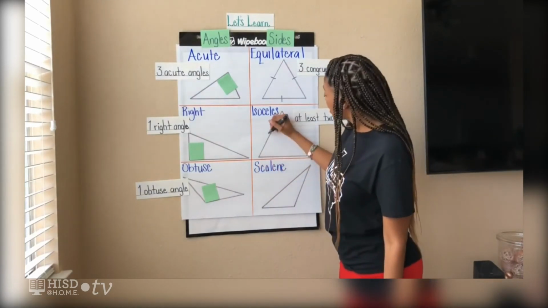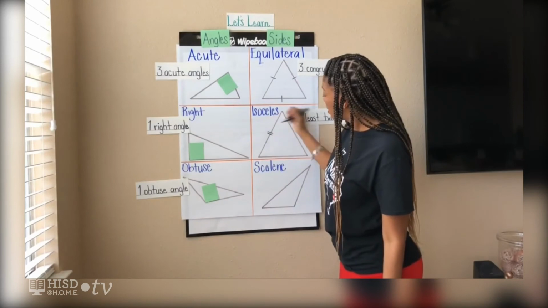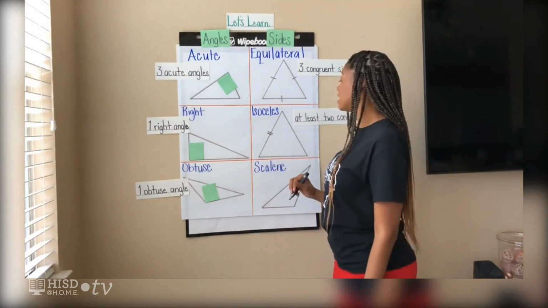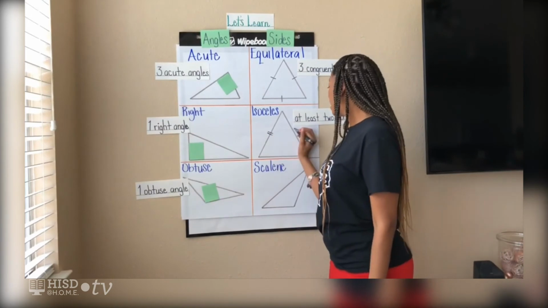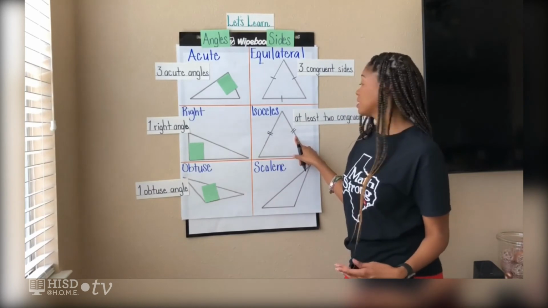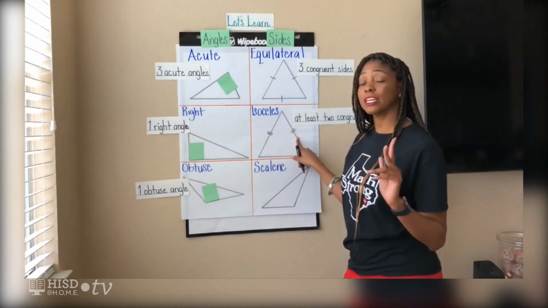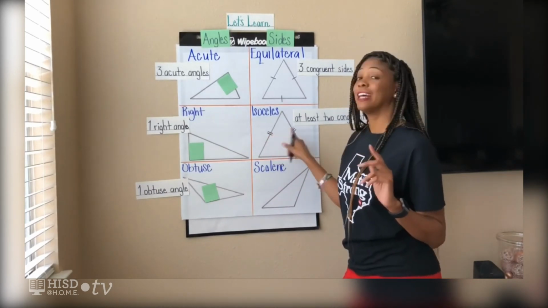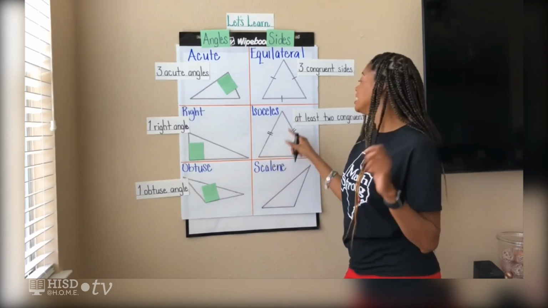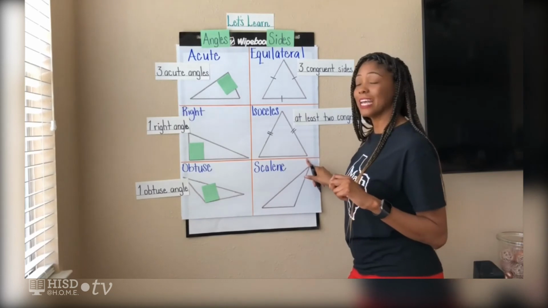So on this one, I will put two lines to represent that that side is a specific length. I'm going to put two lines here to represent that this side is a particular length. They both have two markings, which means that they are the same size. Whatever the measurement is for this side, it's the same measurement for that side.